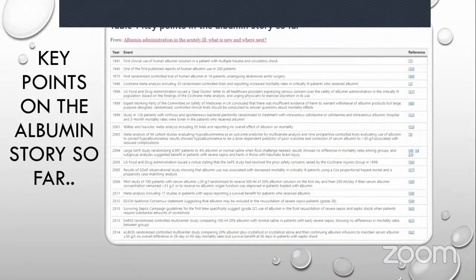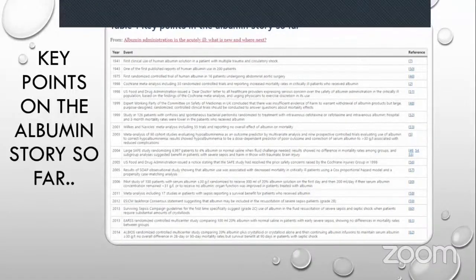In 2004, a large SAFE trial was done whereby they compared albumin 4% with normal saline. Here, there was mainly no harm from using albumin. Albumin use was safe. However, there was no 28-day or 90-day mortality benefit.